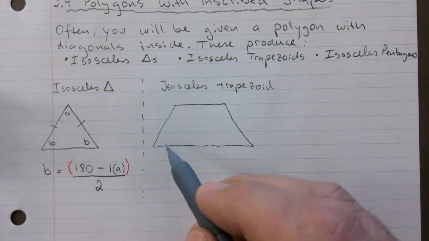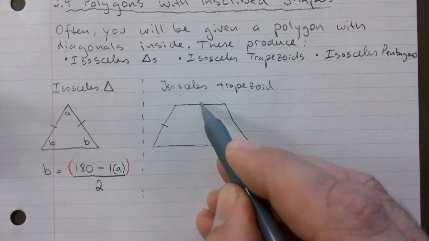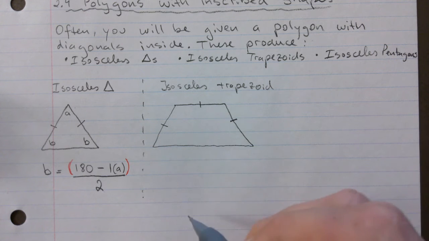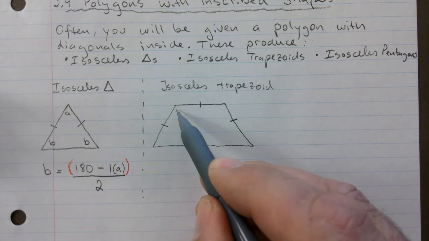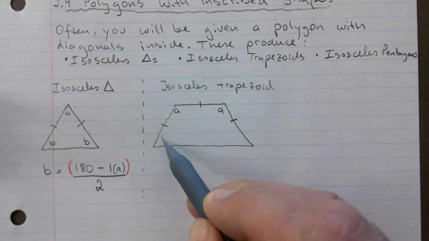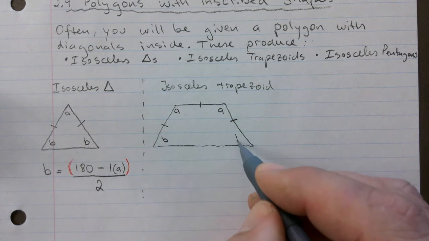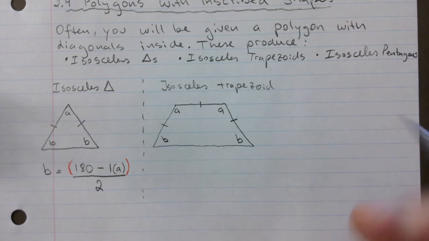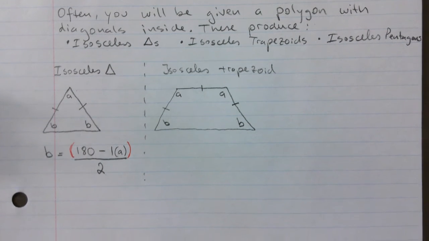All these sides are the same. We call those A at the top, and the base will be B as well, to keep it consistent.